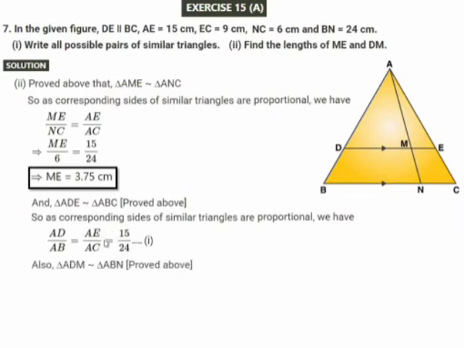AE is 15, AC is 24. Again, ADM and ABN are also similar, so use the same property: the corresponding sides are proportional. You get this, right? Now use equation 1 and 2.